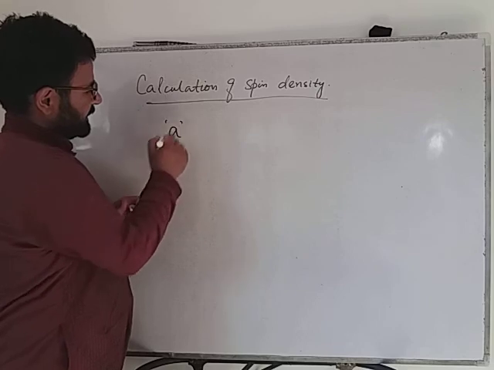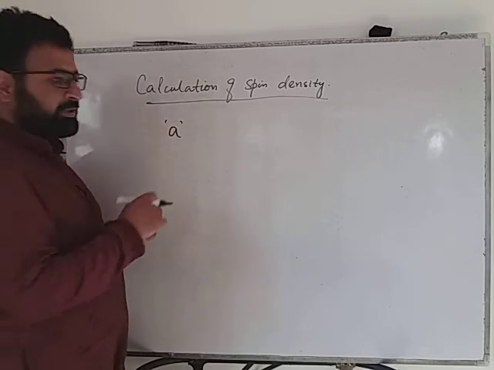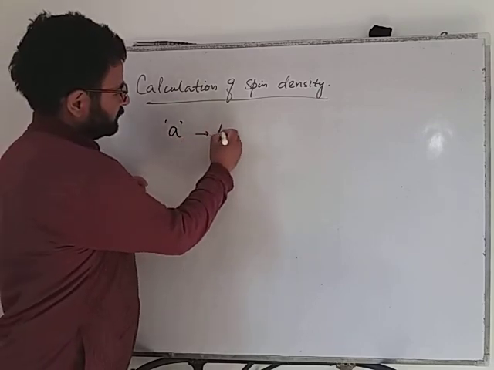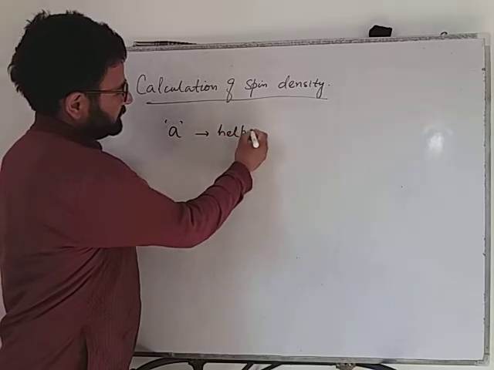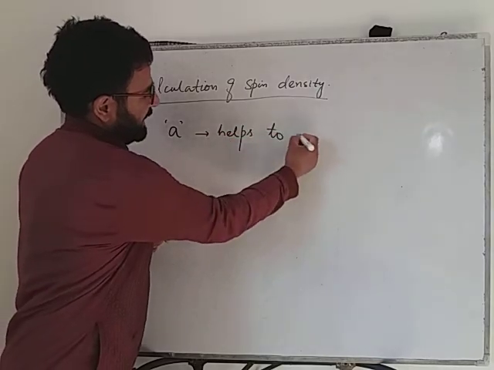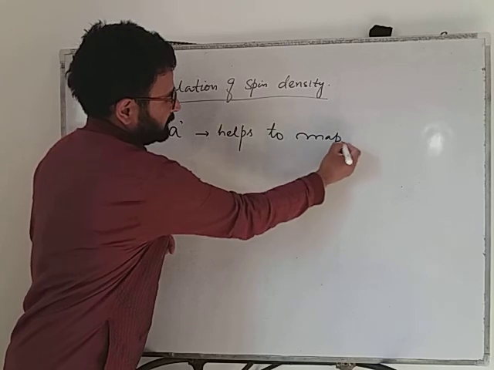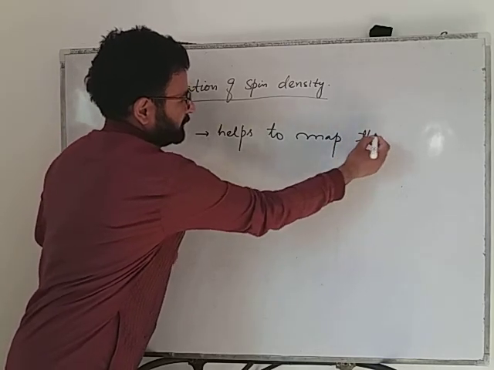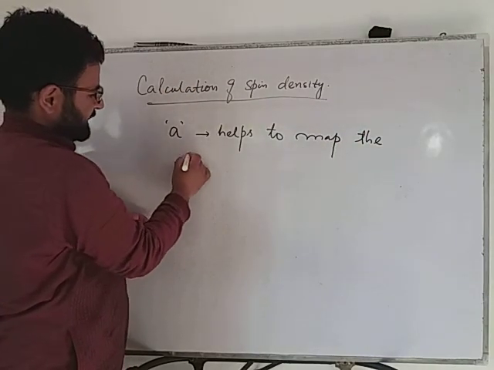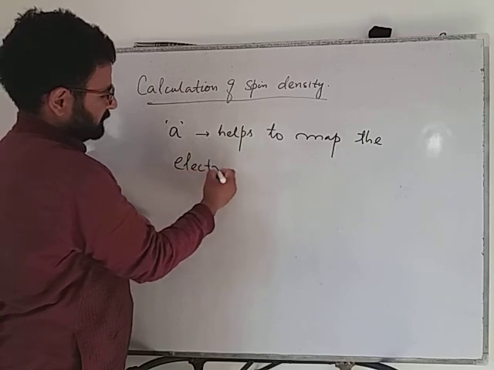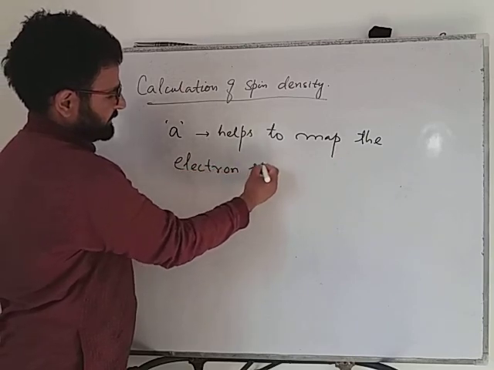And now this hyperfine coupling constant A helps us to map the electron spin density.